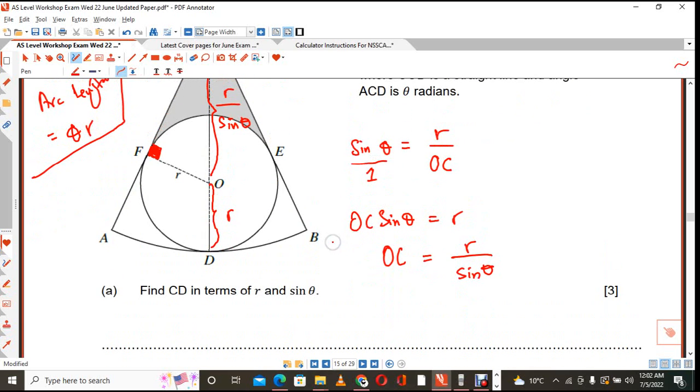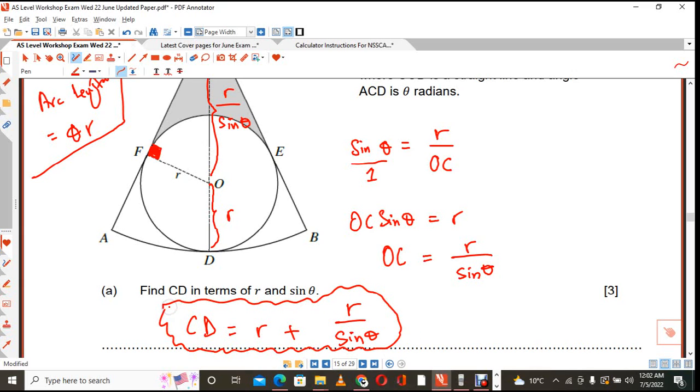So CD will be r plus r over sine theta. They wanted the answer in terms of r and sine theta. That is what you do in that particular question.